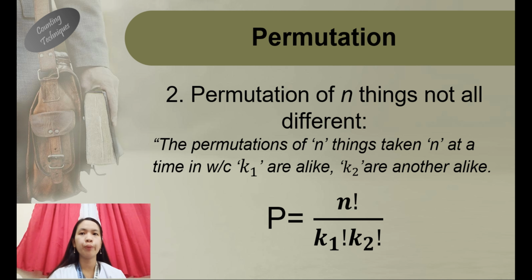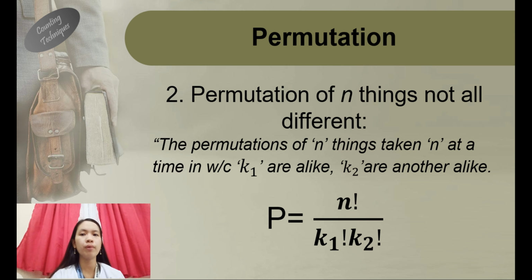Let us consider permutation with repeated elements, or the permutation of n things, not all different. The permutation of n things taken n at a time, in which k sub 1 are alike or the same, k sub 2 are another kind alike, and so on, is expressed as P is equal to n factorial over k sub 1 factorial times k sub 2 factorial.